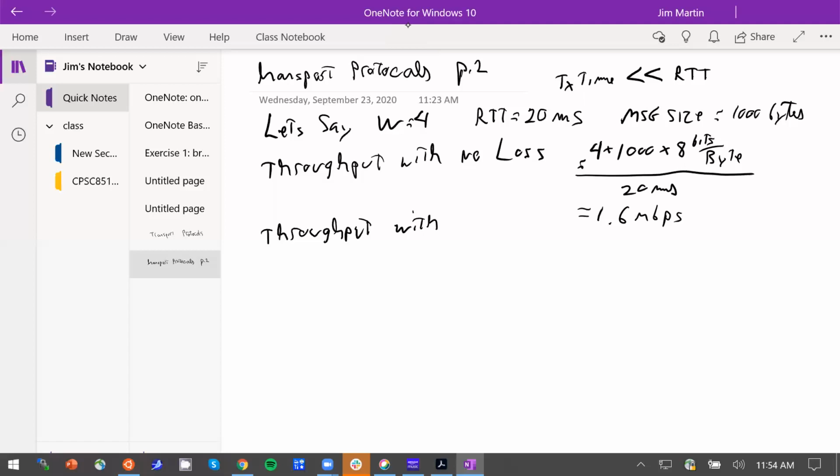So with 25% loss, the way to compute this would be very similar to the formula we've used before. The amount of data sent per epoch is what we just calculated. But the time is now going to be different. We'll assume the RTO is 2 seconds.